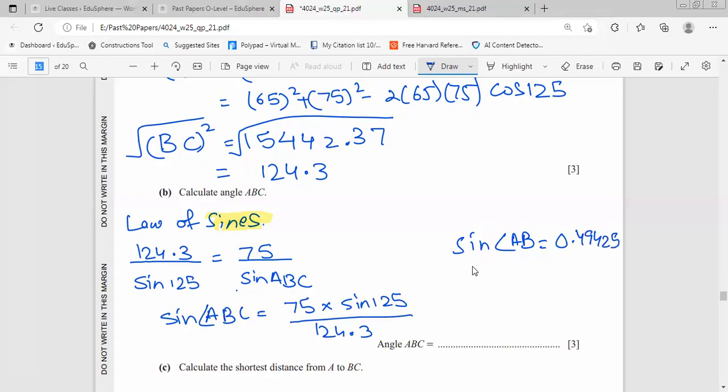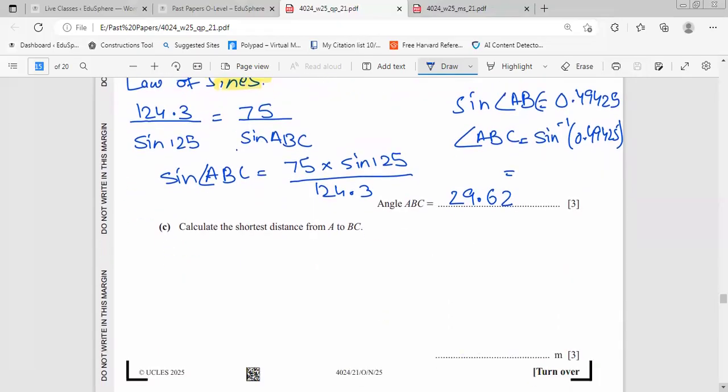When we take the inverse, ABC will be equal to sine inverse of this value, 0.49425. If I put it on the calculator, I get 29.62. So the angle is 29.62.